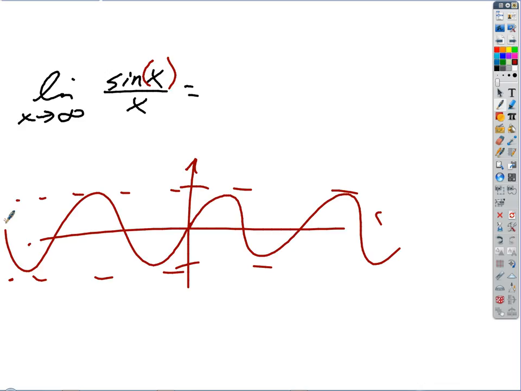So it makes it really small, so it's just 0. It's 0, that's right. Nice. It is 0, because look what this does. I think these kinds of things are sort of interesting. The top oscillates, right? It's never gonna get pinned down.